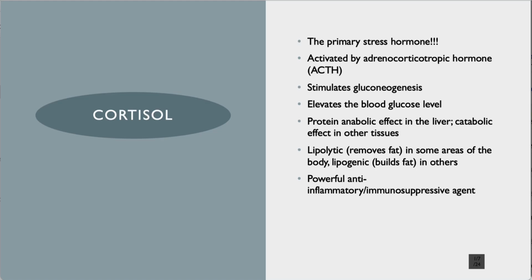Stress. Remember that cortisol is the primary stress hormone. It gets activated by ACTH, and if you don't understand how glorious and magnificent the endocrine system is, you will by the end of this course, because I think that it's important for you to understand how the hypothalamus interacts with the pituitary and the end organ, such as the thyroid or the adrenal glands in this case.